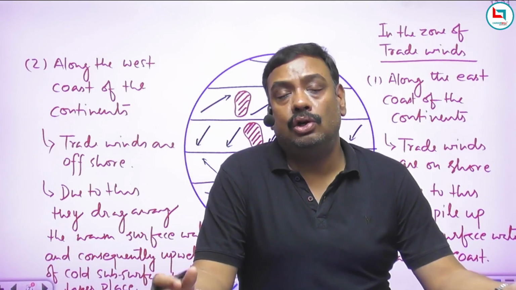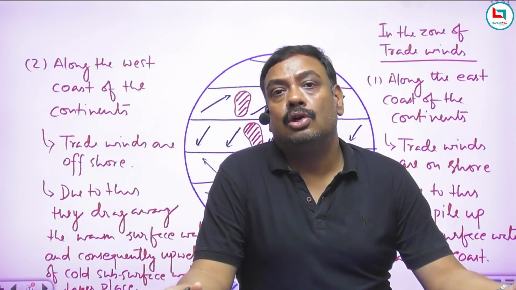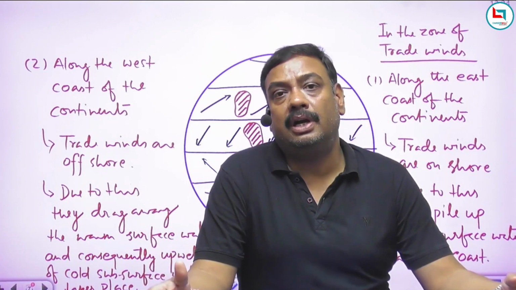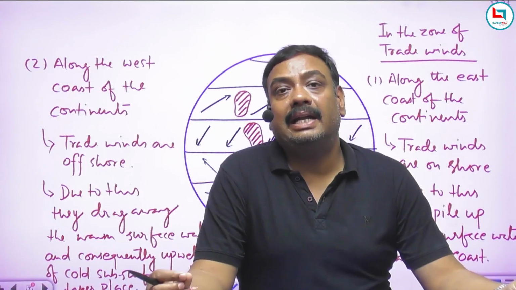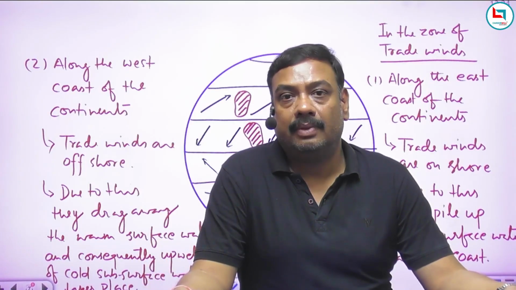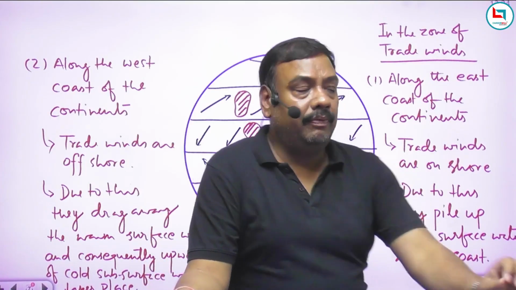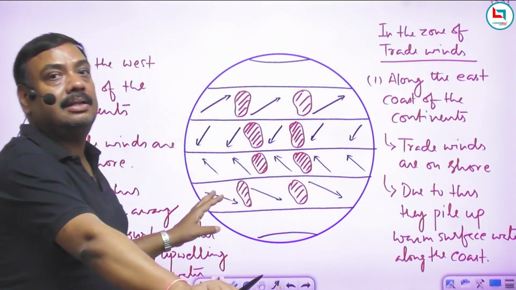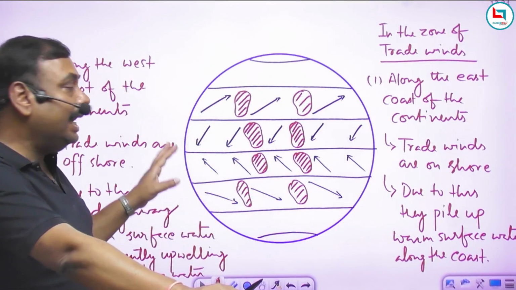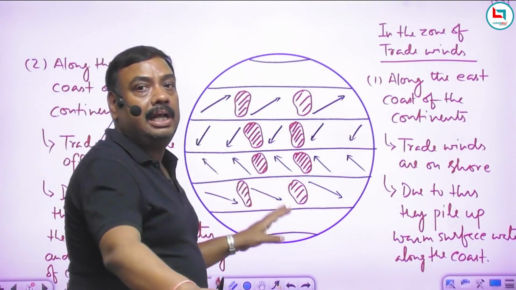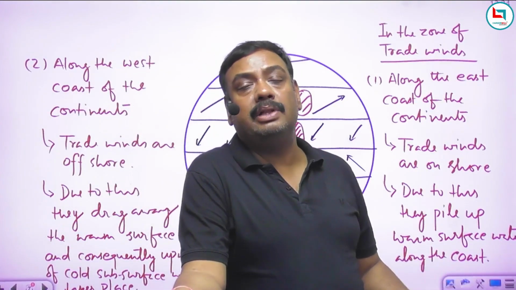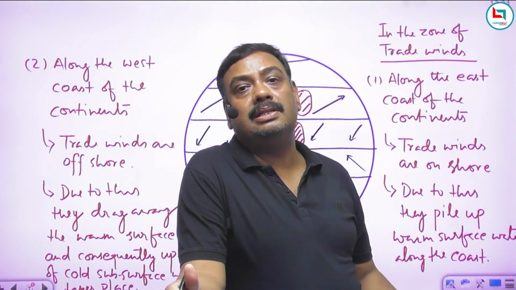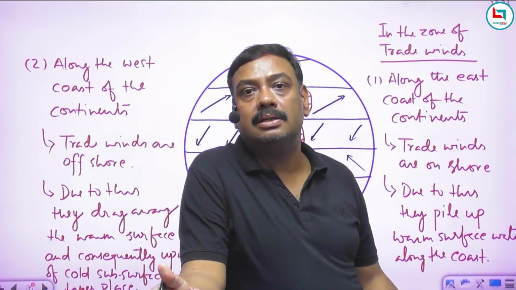Wherever they are onshore, they are piling up so much surface water along the coast, so that they are able to increase the temperature along that coast, right? With this diagram you can understand the things. The direction of arrows tells you for which region the winds are onshore and for which region the winds are offshore. In that way you can consider the things.